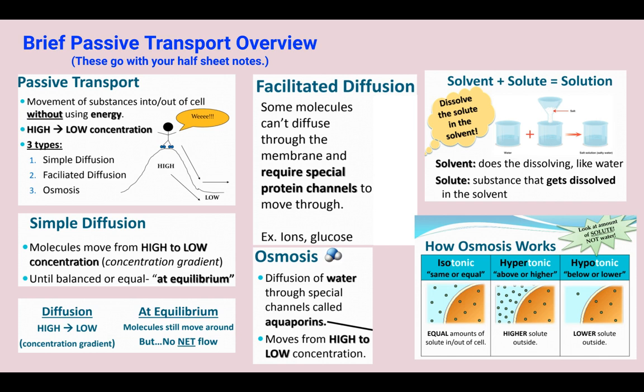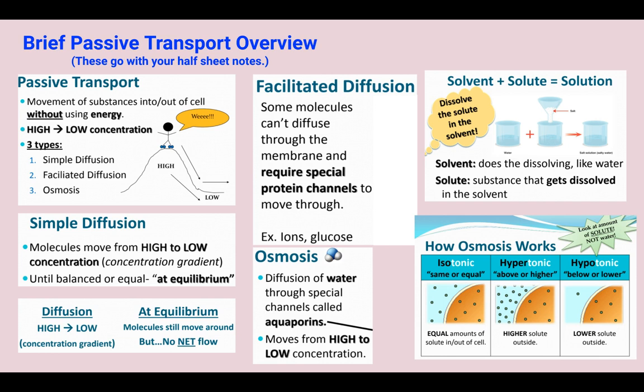This is when we have molecules that are moving from a high concentration down to a low concentration. This means that they are going with the concentration gradient. They are going down the concentration gradient. This will happen until everything is balanced or at an equilibrium. So the particles will continue to move until there is no longer an area of high concentration and low concentration. I mean, molecules are always moving, right?